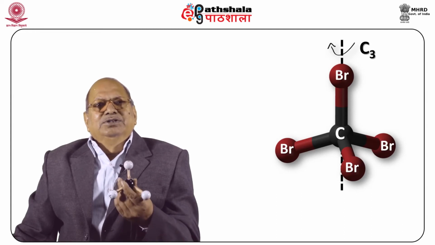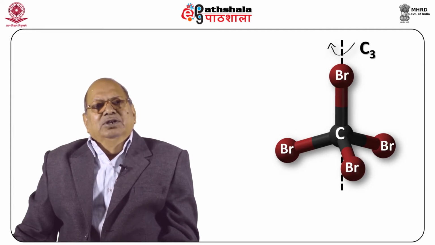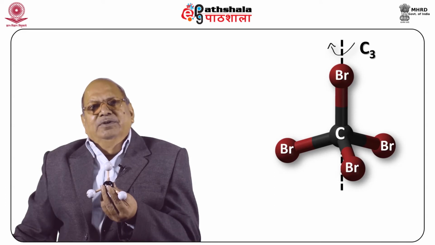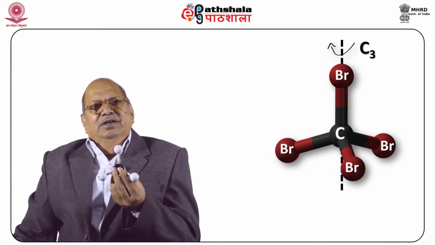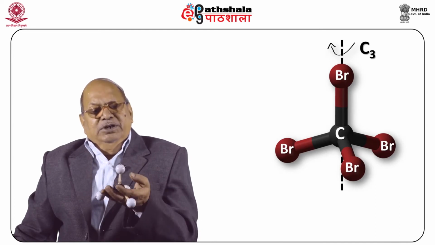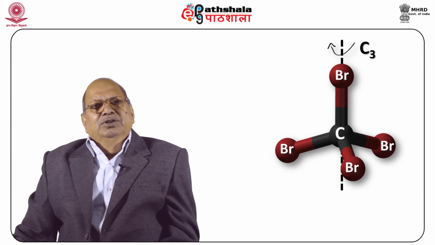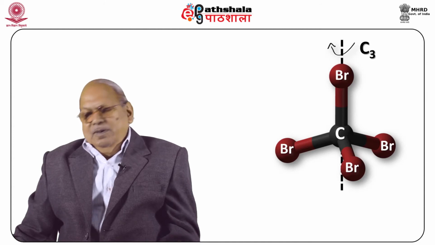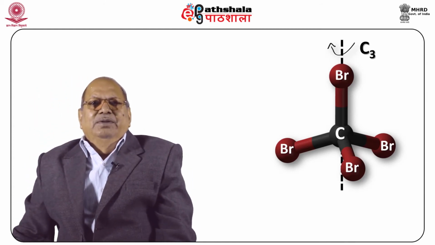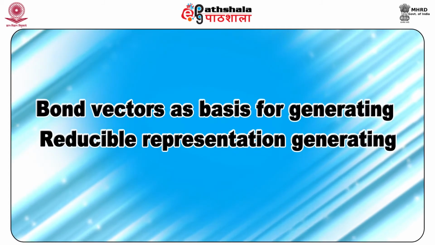Just by knowing this, I can go for the reducible representation for this directly. I do not have to now multiply with the character corresponding to that. That is, I can directly get it. So this is for tetrahedral molecules. In the earlier text, I had taken only the 3n Cartesian coordinates, and here I have just explained by taking bond vectors.